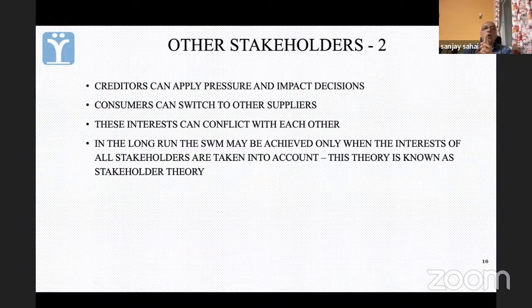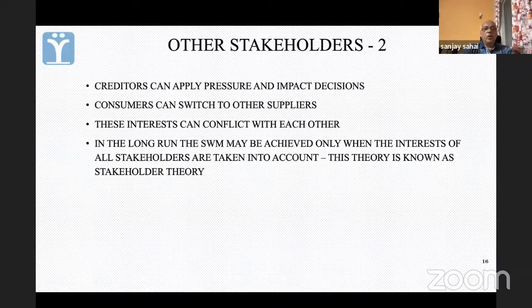वो कहता है जो corporate objective है, it cannot be confined just to wealth maximization. It has to look at all stakeholders, सभी के हित में अगर आप काम कर सकते हैं, and it is not an easy thing.